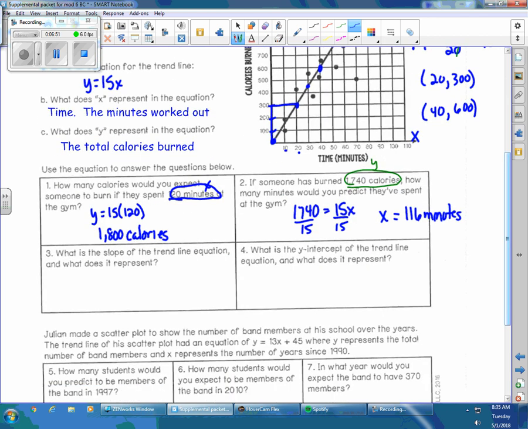Number 3 says, what is the slope of the trend line, and what does it represent? So our slope, hopefully you're recognizing it right off the bat. The slope is 15.